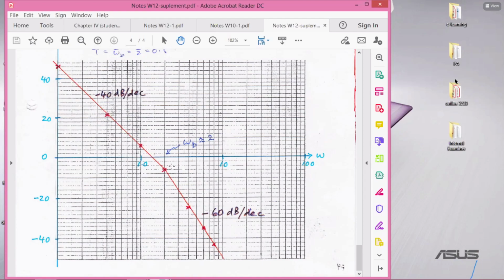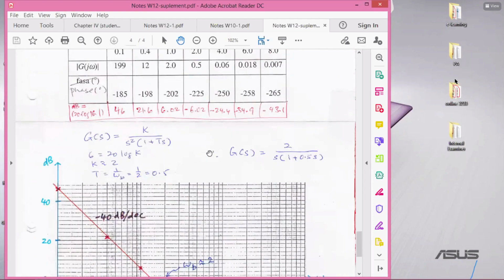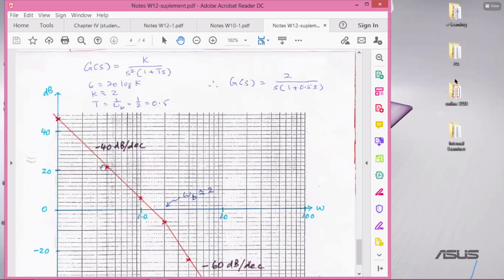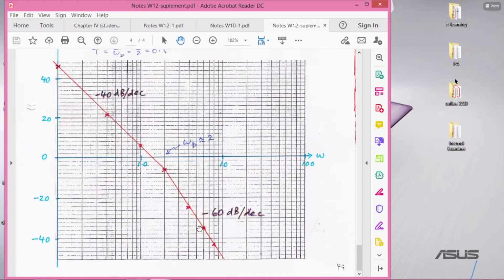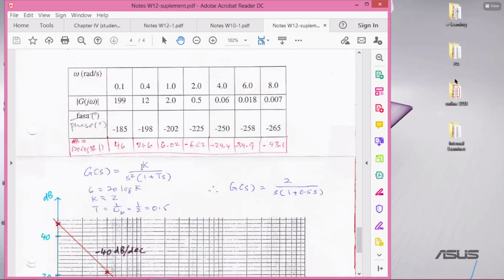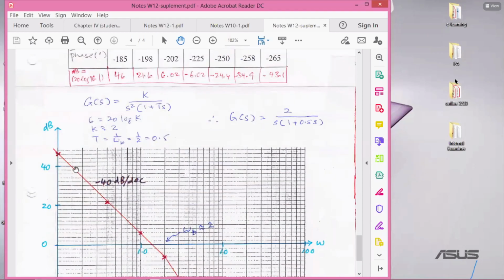Your time constant is going to be 1 over 2, which is 0.5. So the general term, if your transfer function is in this format, generally you are going to get this type of curve. You have K. S squared is going to give you this negative 40 decibel per decade.